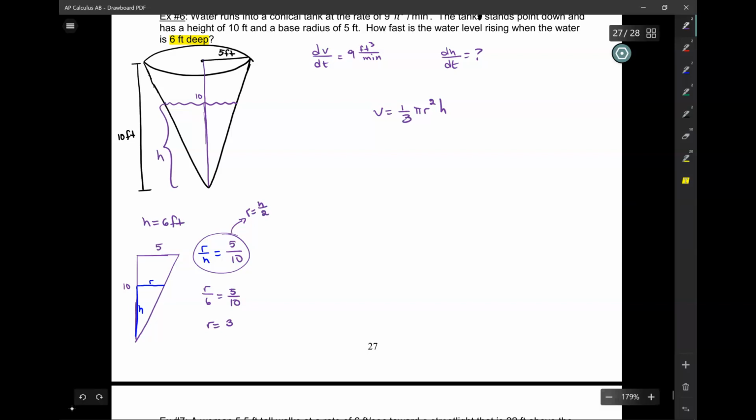So R is H over 2. So here, V is 1 over 3 pi times H over 2 squared times H. So V is, here we're going to have a 4 times 3, so pi over 12, H cubed.